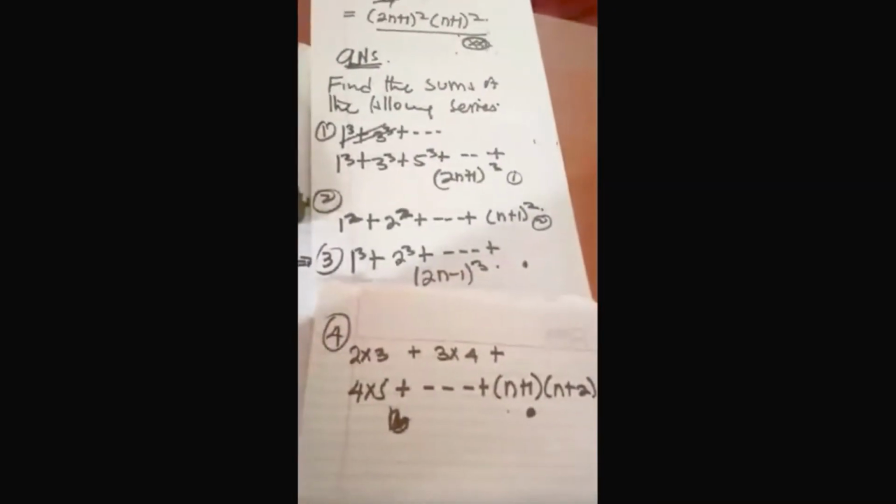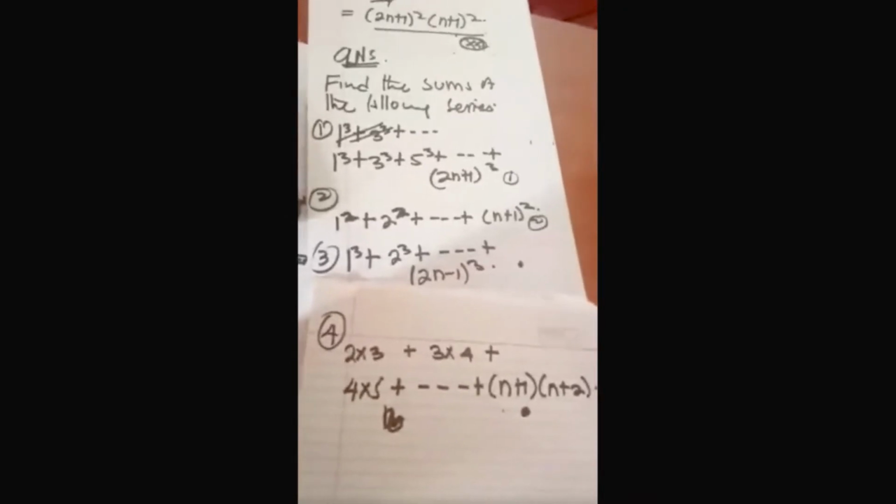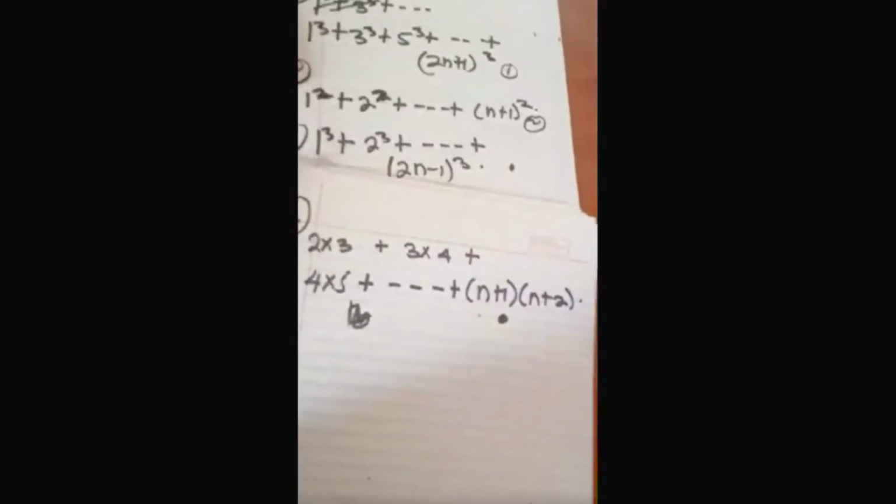Number 1 is to be done by us, number 2 by us. Number 3 and number 4 are your coursework. So let's move on now with number 1.